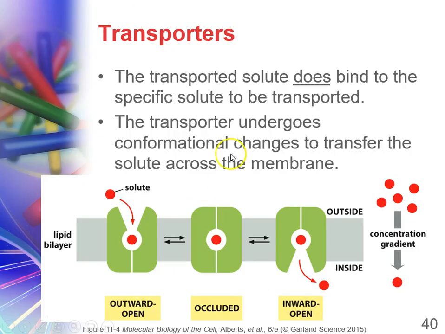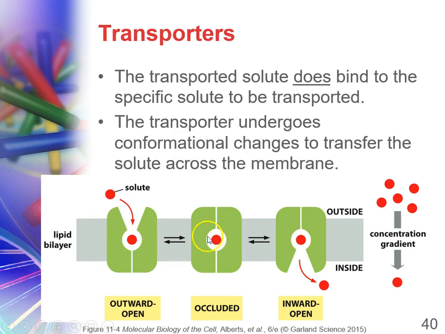So transporters have a specific binding site for the specific solute to be transported, and then the transporter undergoes a conformational change to transfer that solute across the membrane. Here, this shows the solute binding. There's a specific binding site for that solute.